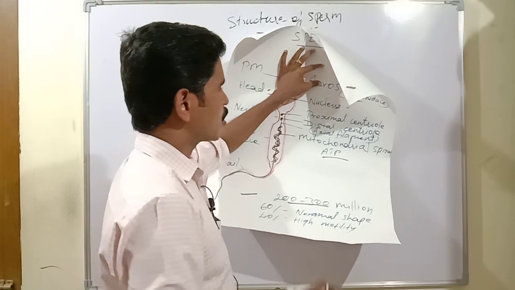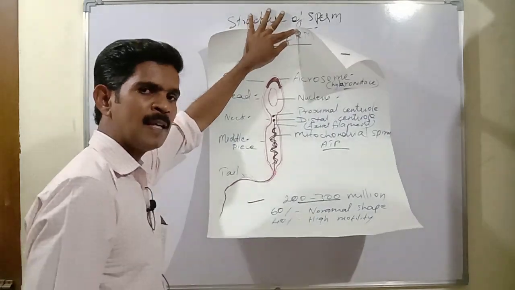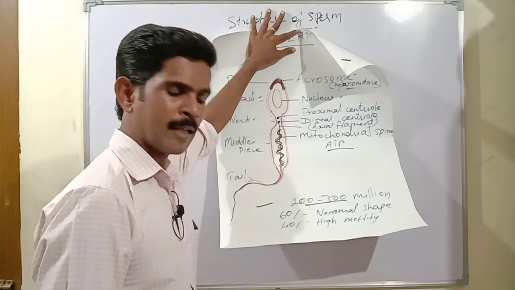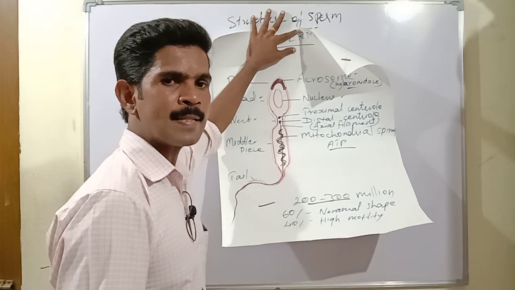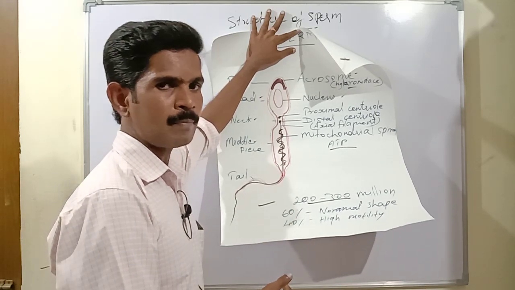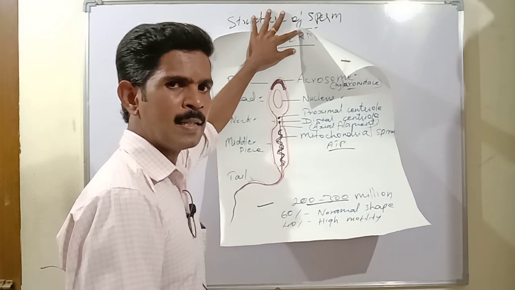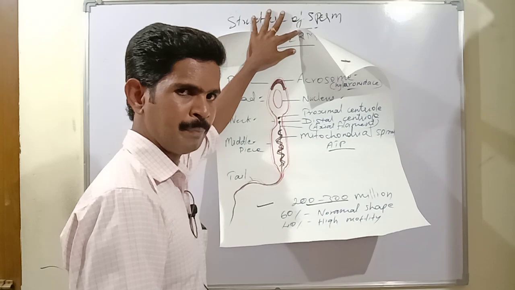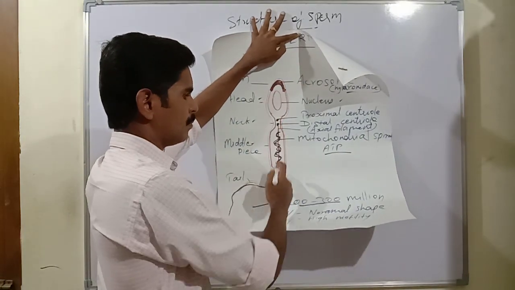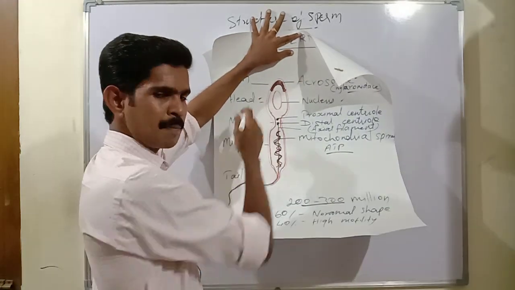Understand, my dear students? So once again repeat the structure of the sperm. Sperm is a motile cell. That means it can move from one place to another place. It's a microscopic cell. Only with the help of the microscope can we see the nature of the sex cell, sperm. Then the entire cell is covered with a plasma membrane.